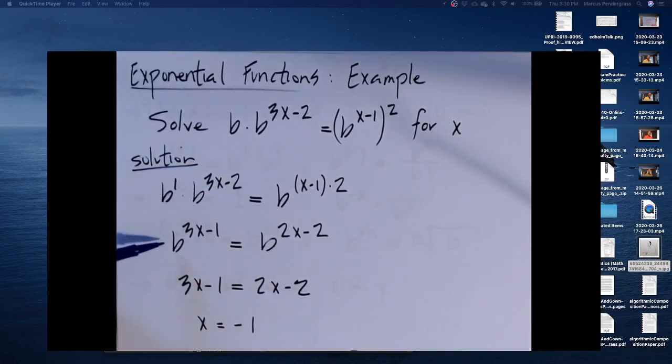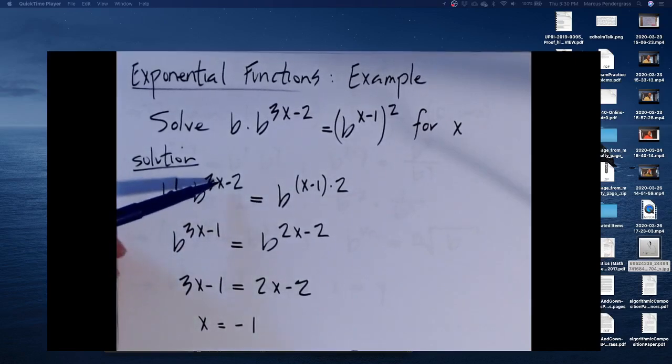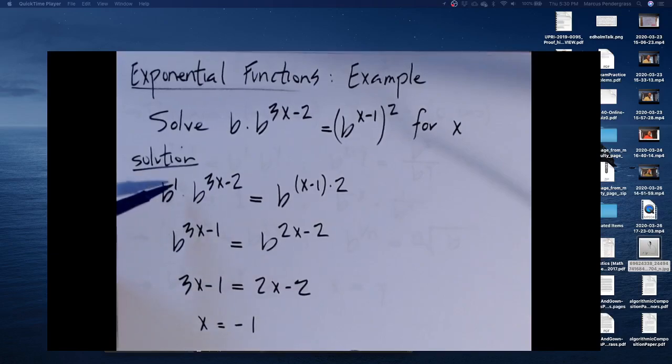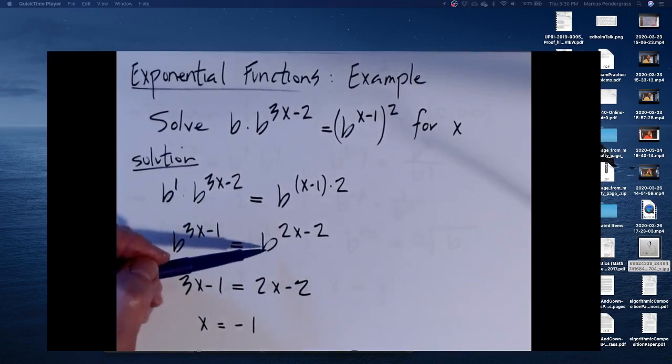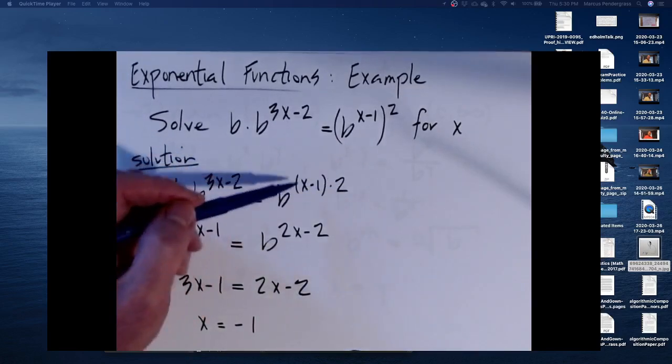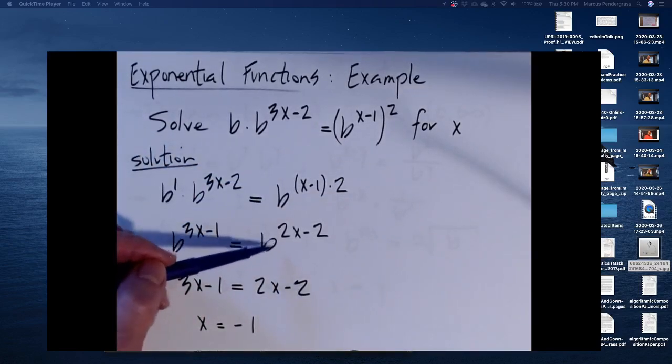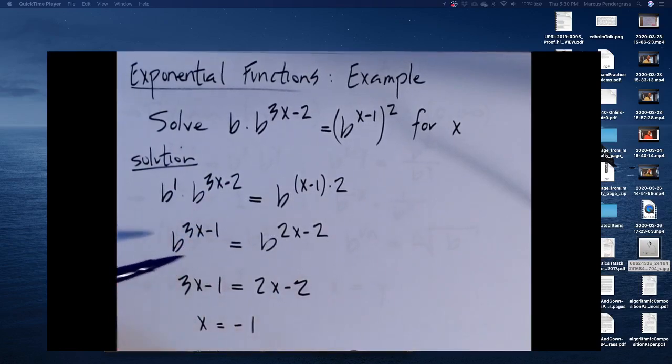Now going to the next step, b to a power times b to a different power, you just add the powers. So b to the first times b to the 3x minus 2 is b to the 1 plus 3x minus 2, and that's just 3x minus 1. And then on the right hand side, I've just multiplied out in the exponent there to get b raised to the 2x minus 2.